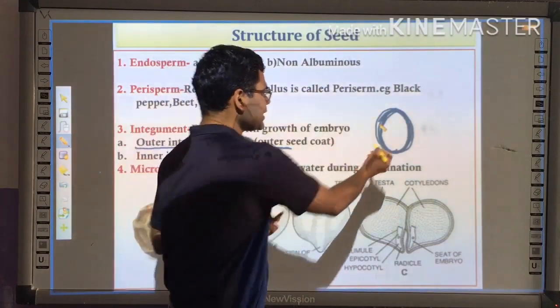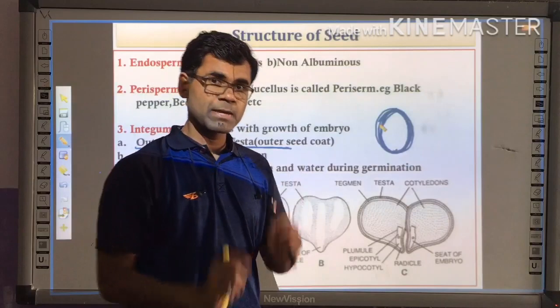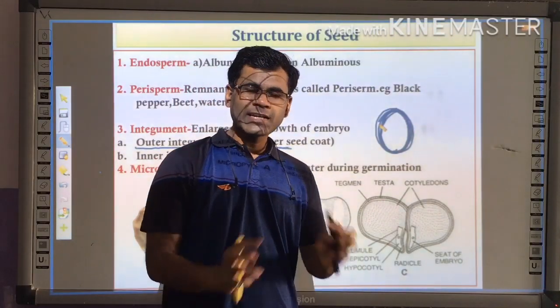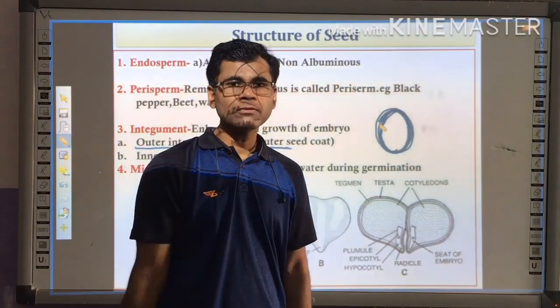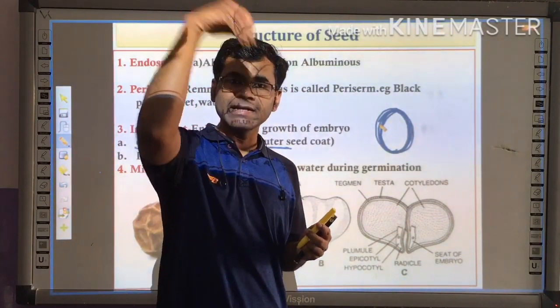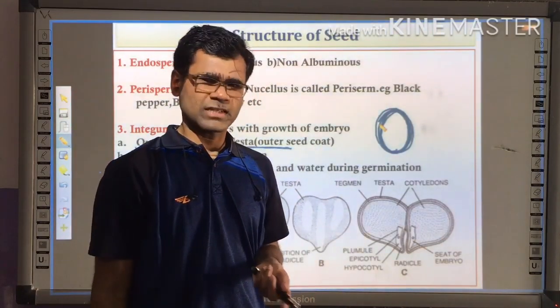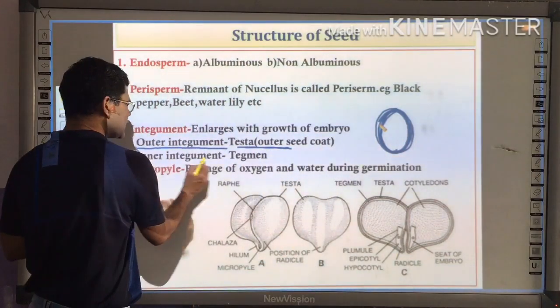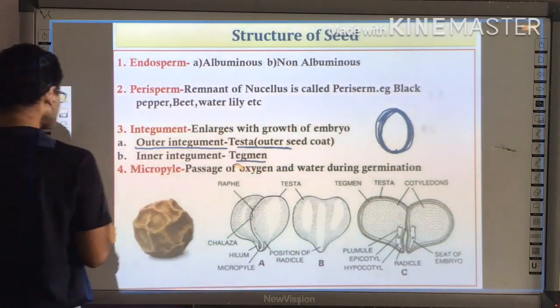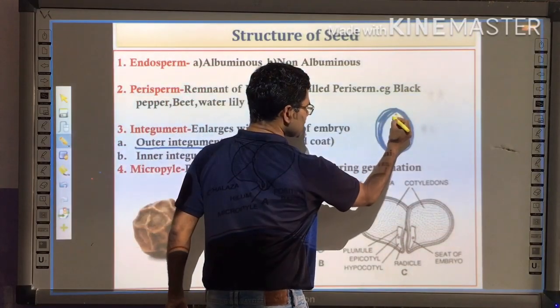So the external integument becomes tough and impermeable, so that it can prevent the loss of water from the embryo, and moreover it can prevent all the external agencies from coming and degrading the embryo. So it acts as a protective coat that is called the testa. And the inner integument is called the tegmen.